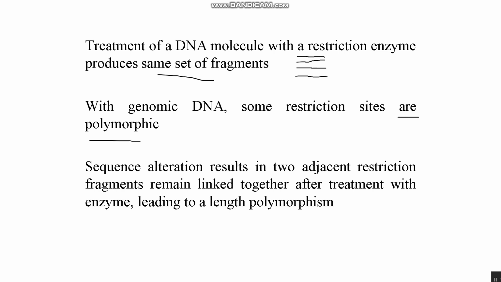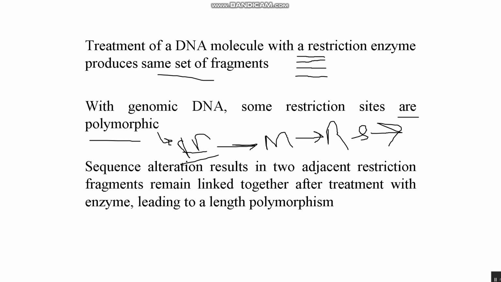What is polymorphic? It means polymorphism, because from individual to individual there are different types of mutations in our DNA. If a mutation is present in the restriction site, the restriction enzyme will not cut it, and the fragment length is very long.